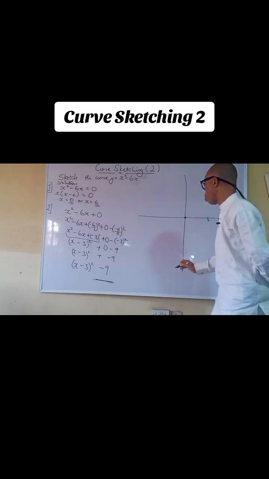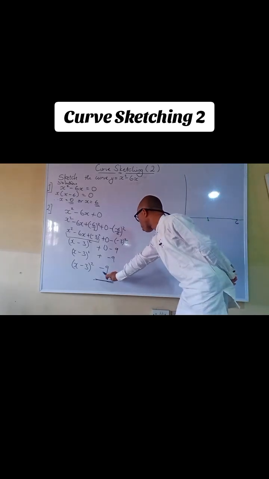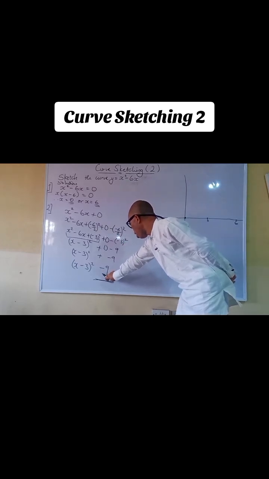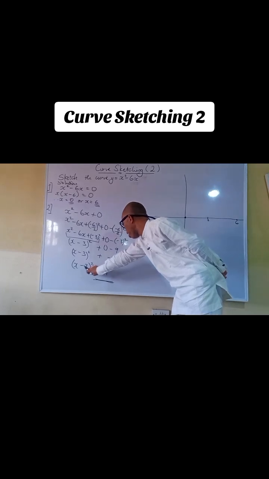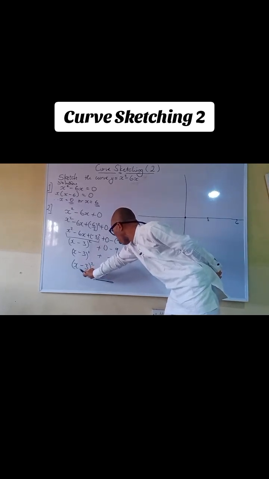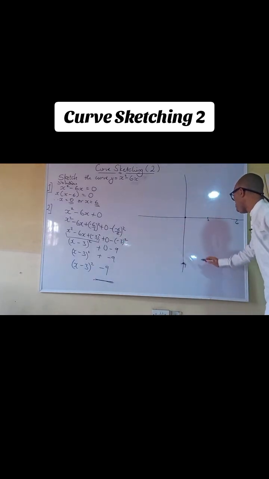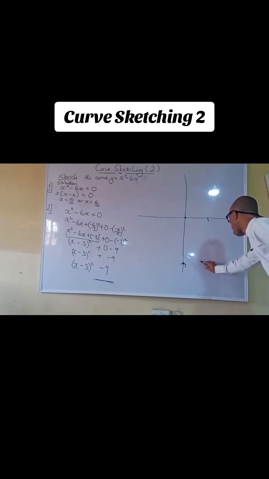The minimum value of my graph will occur at this value I underlined, which is minus 9. And the value of x there is the negation of whatever value is here, which is the negation of minus 3. So the minimum value occurs at minus 9.